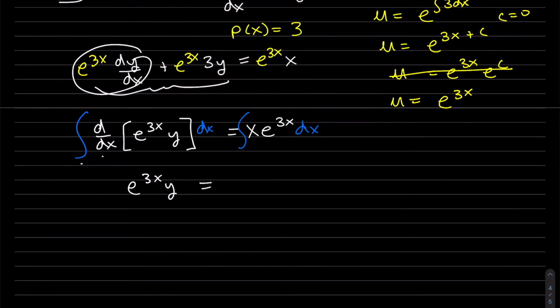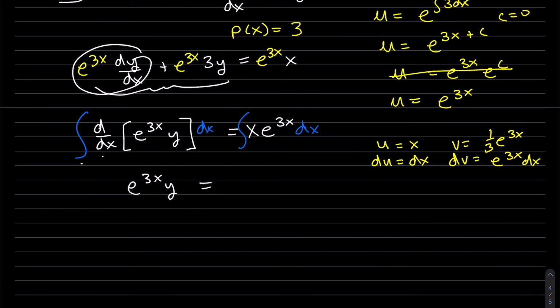Remember that? So u is x, dv will be e to the 3x. du is dx. Integrate that, v is 1/3 e to the 3x.